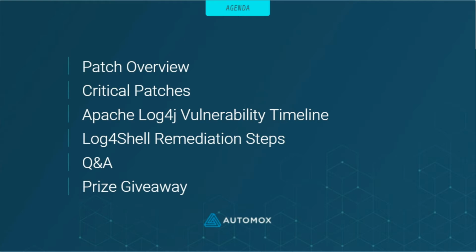Then we're going to get into detail with the Microsoft critical and disclosed vulnerabilities. Now, after we cover the January Patch Tuesday content, Adam will cover in detail the timeline of the Apache Log4j vulnerability and remediation steps for Log4Shell. And when we're done with that part of the webinar, we'll have a Q&A session, and Adam will be on hand to answer any questions.